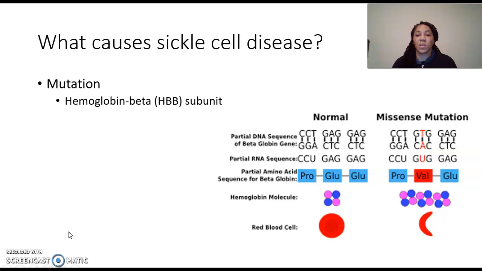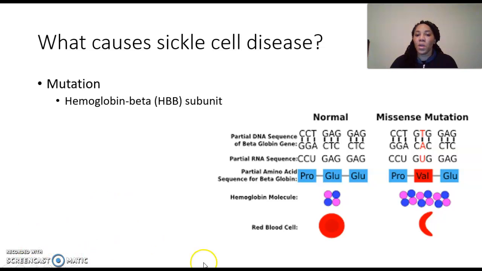So what causes sickle cell disease? Sickle cell disease is caused by a mutation in the hemoglobin beta subunit. The larger hemoglobin is comprised of two beta units and two alpha units. So when there's a mutation in the beta subunit, that's what creates the sickle cell. Each subunit is coded for a specific amino acid, and that amino acid makes up a protein.